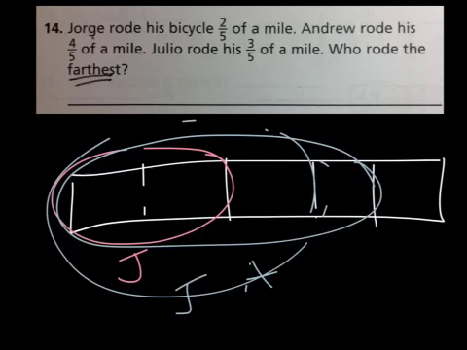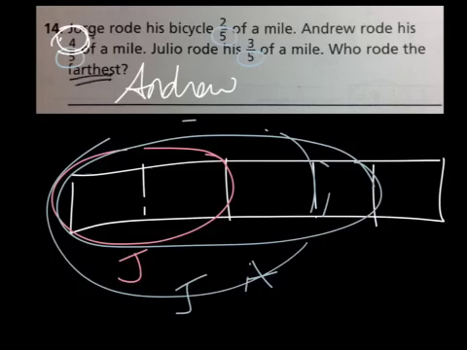So you can see that Andrew is the farthest, but the better way of doing this is to know that if they're all the same denominator, you know the largest numerator is the biggest one. So Andrew rode his the farthest.